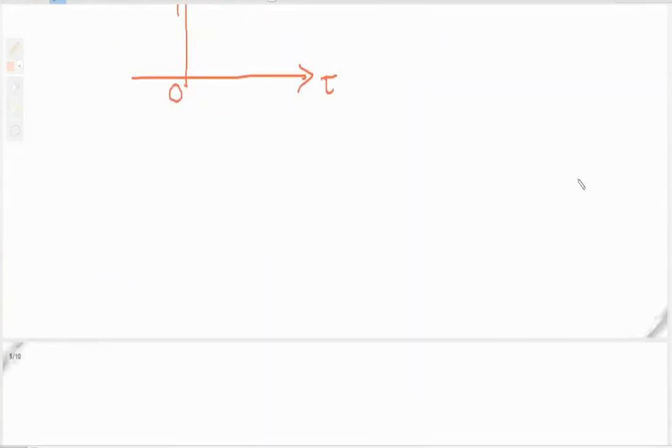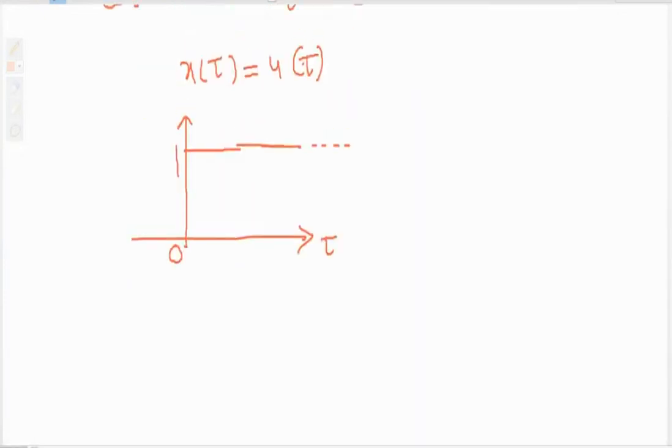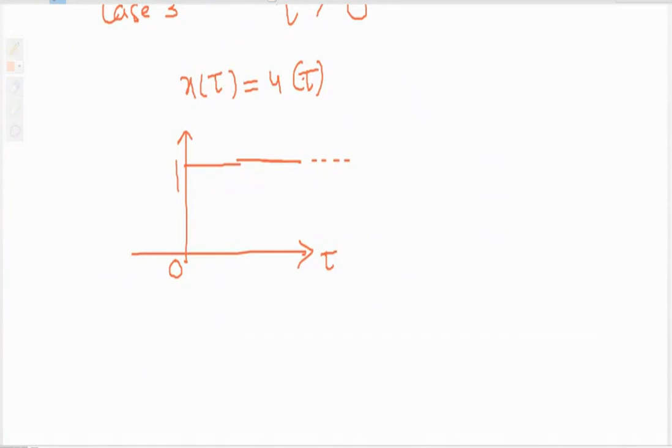Then comes h of t minus tau. h of t minus tau is nothing but u of t minus tau. We have to sketch the signal with respect to tau.